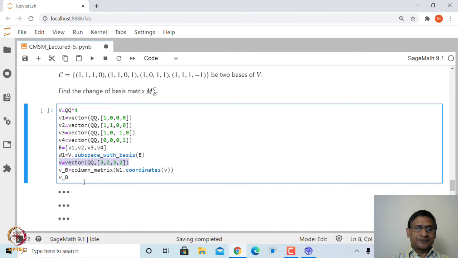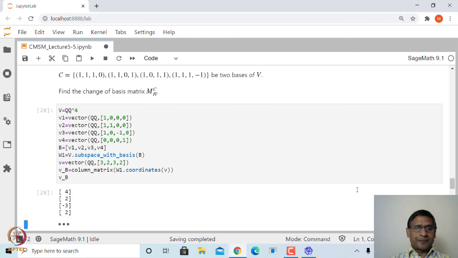So that we can obtain, let me call this V underscore B, and that is the column matrix with these coordinates. So let us see here. So that's the coordinate vector of V with respect to the basis capital B. Okay.